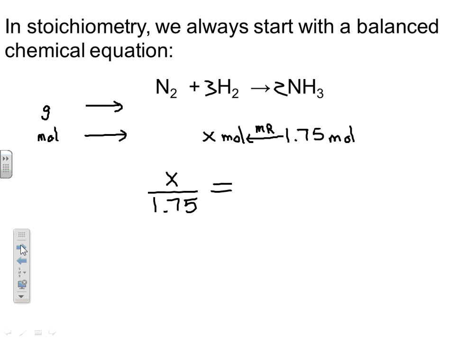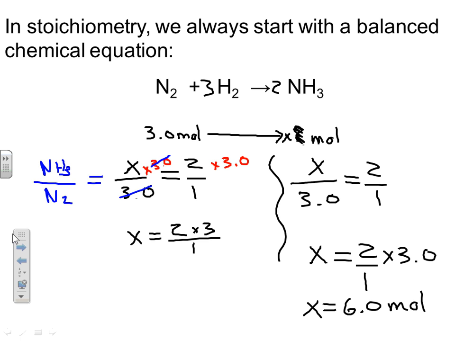Notice in the previous example, let's go back to the previous example. Notice X, X, 2, 2. You see that? Whatever is on the top, the X, I'm putting that number from the balanced chemical equation with it. X is with 2 and 3 is with 1.